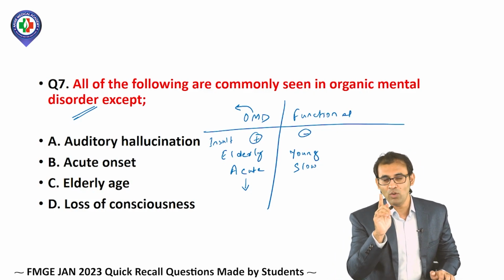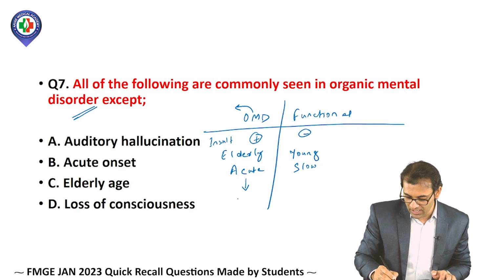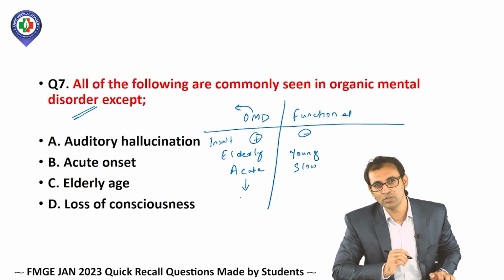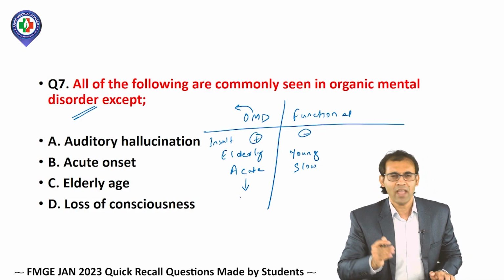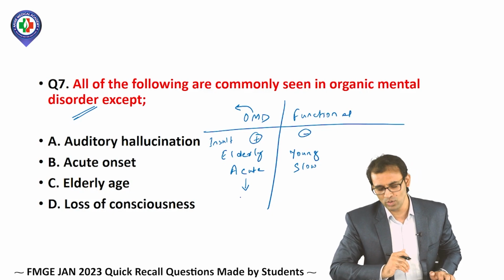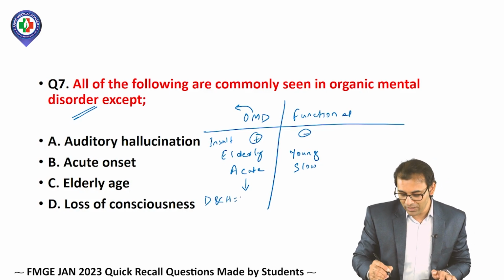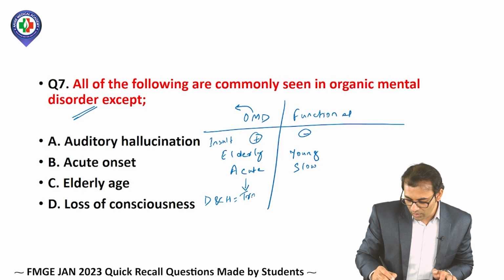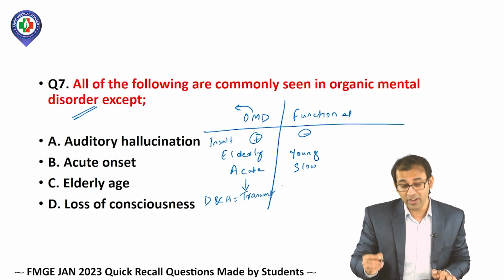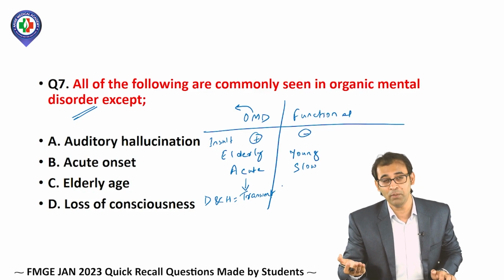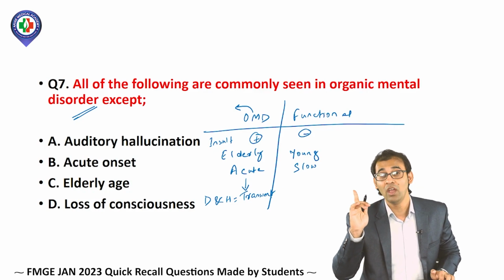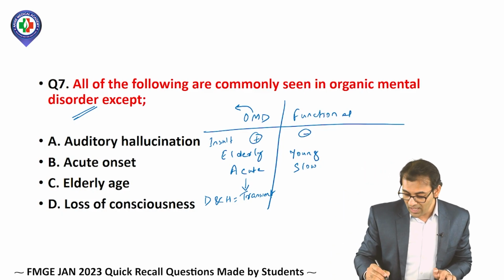See here, delusion and hallucination can be seen in organic mental disorder also, right? And in the functional cases also. So in organic mental disorder, delusion and hallucination will be there, but only for a short interval of time. Brief. But in a case of functional or non-organic mental disorder, like schizophrenia, it will be constant and long standing.